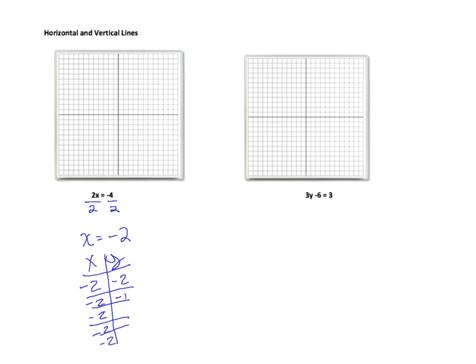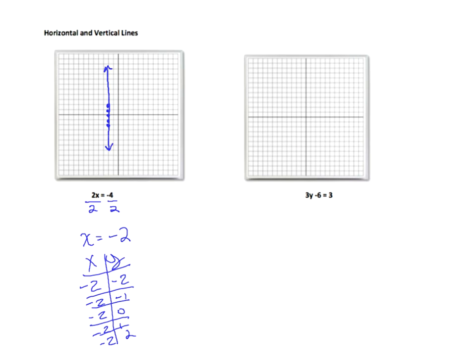So I'm just going to do -2, -1, 0, 1, and 2. If I plot these points, I have (-2, -2) right there, (-2, -1), (-2, 0), (-2, 1), and (-2, 2). And it should come out as a vertical line.